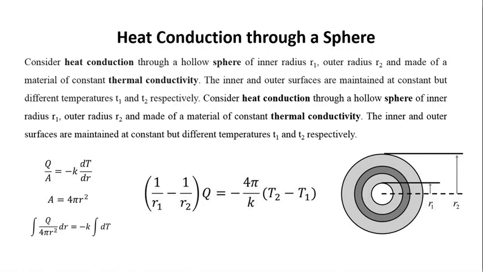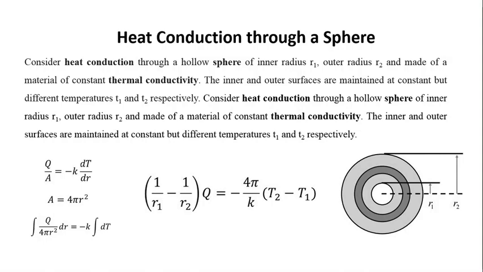We are considering a hollow sphere of inner radius R1 and outer radius R2, as shown in the diagram, with specific thermal conductivity. The inner and outer surfaces are maintained at constant but different temperatures, T1 as the inner surface temperature and T2 as the outer surface temperature. The layers between radii R1 and R2 are made of different materials. That's why we have called it a composite sphere.